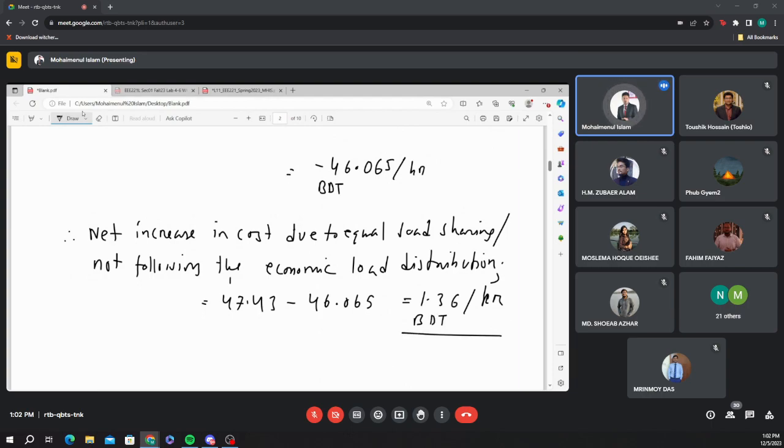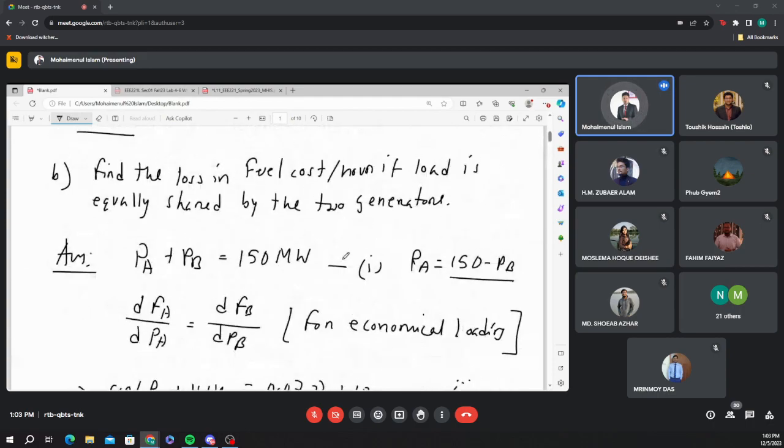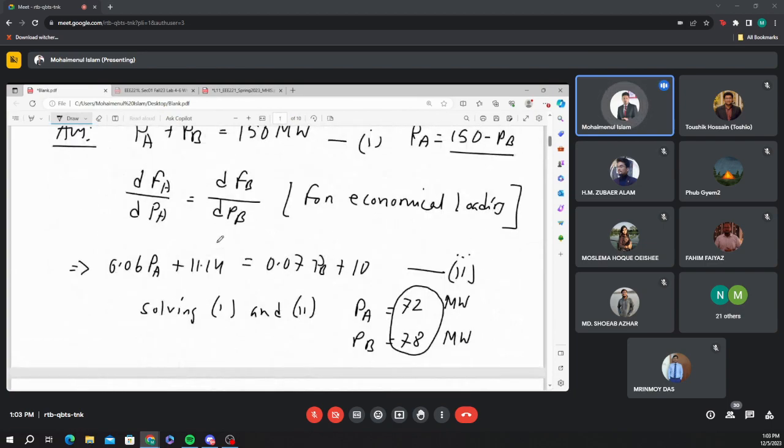So you see, if you have the not equal distribution, which is called economic load distribution, for the first scenario, the pricing should follow equation A and equation B, and they should be similar. They should have a similar tariff or similar fuel rate. So they have a similar cost.